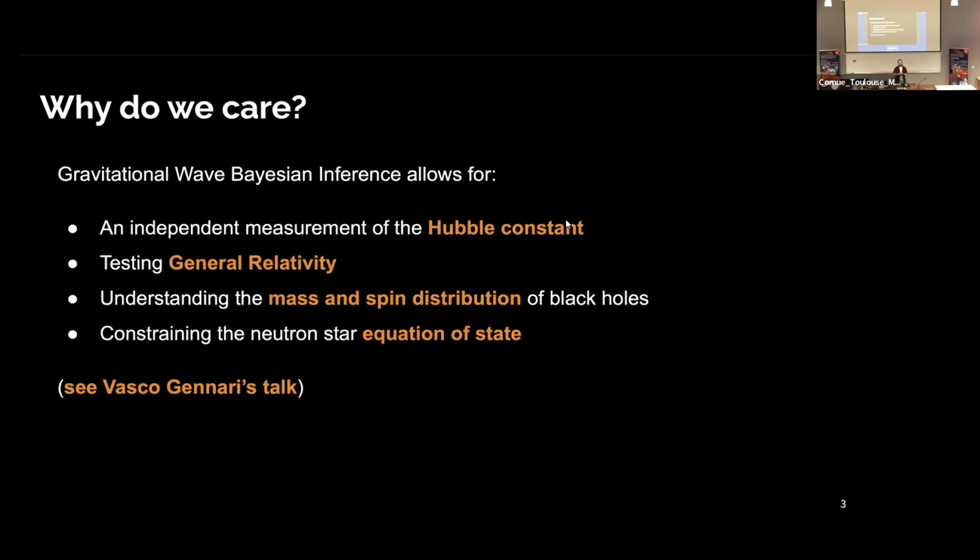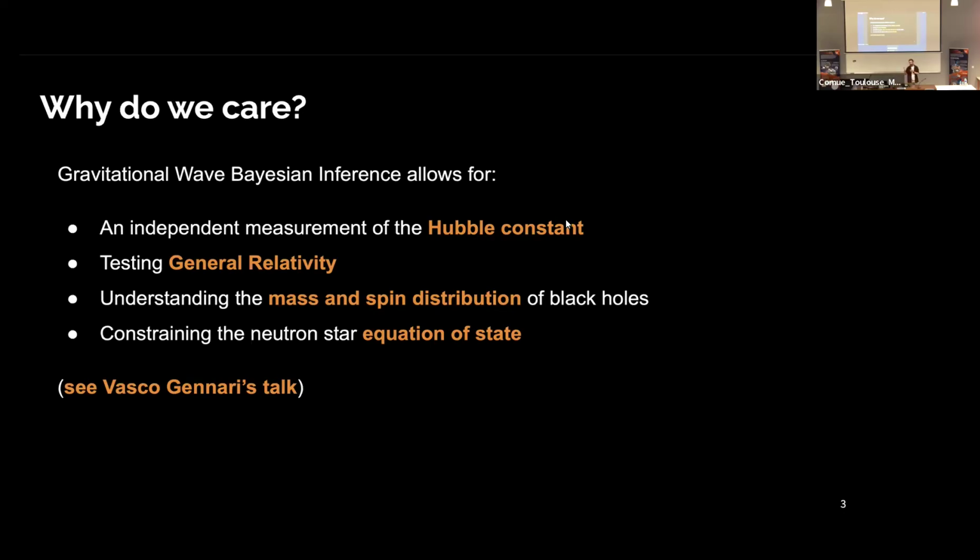So why do we care about gravitational wave Bayesian inference? Well, it allows us to do lots of really cool astrophysics. For example, it allows us to obtain an independent measurement of the Hubble constant. It allows us to test general relativity and to understand the mass and spin distribution of black holes.